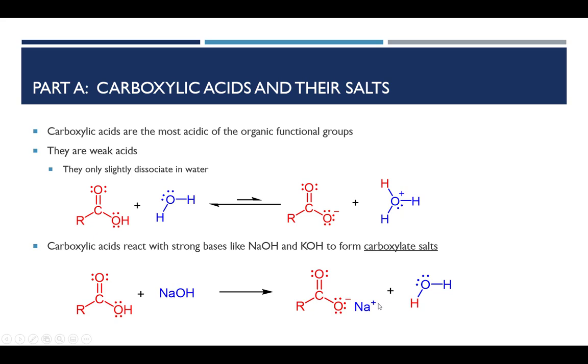Now, since these are opposite charged, we would expect them to be attracted to one another. Note that this does not mean that they are necessarily going to precipitate. It just means that you're going to have a positive ion, a cation, with a negative ion. And this whole species here would be called a carboxylate salt, or we might call it the sodium salt of the acid.